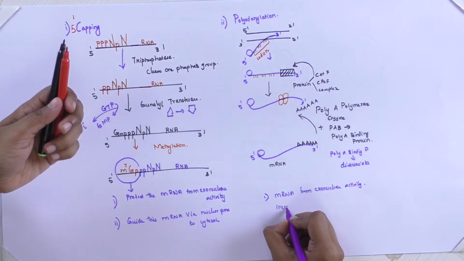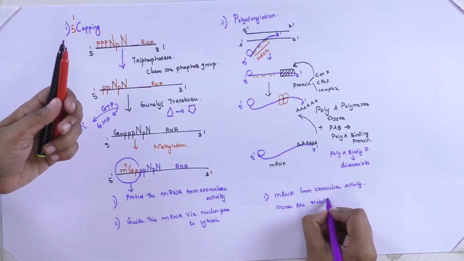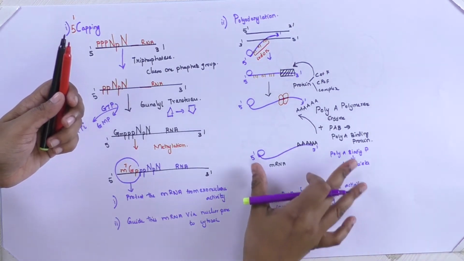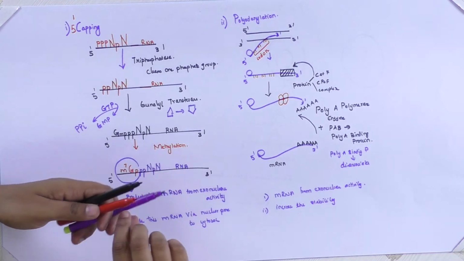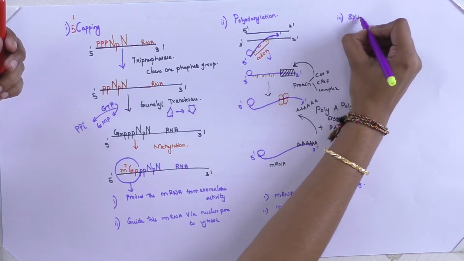It is also going to increase the stability. Research is still ongoing on this. It is going to increase the stability of the mRNA by protecting it. The third phenomenon is known as splicing.